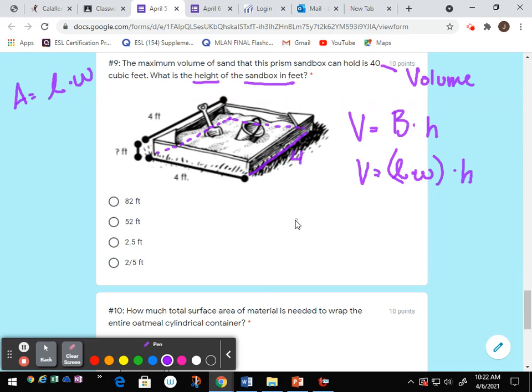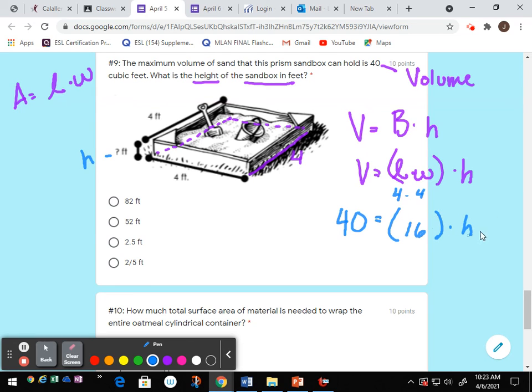When we read the question, we see that it already gave us our volume of 40, so let's plug that in. Now we can find the area of the base, which is length times width, 4 times 4, equal to 16, times the height. We don't know the height, so now we need to find it.